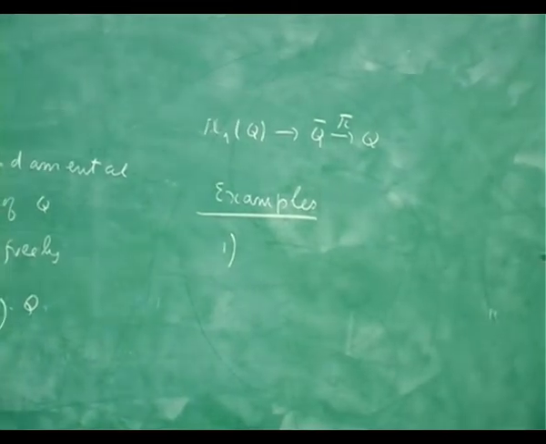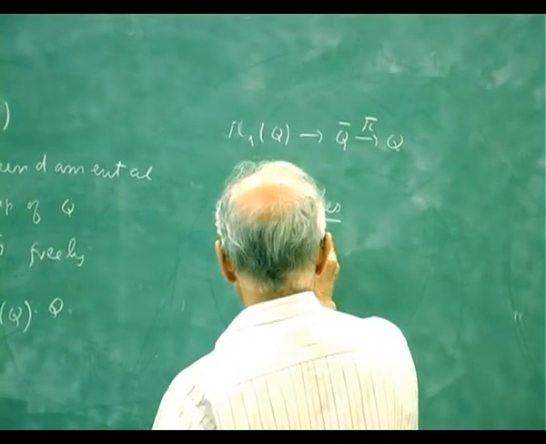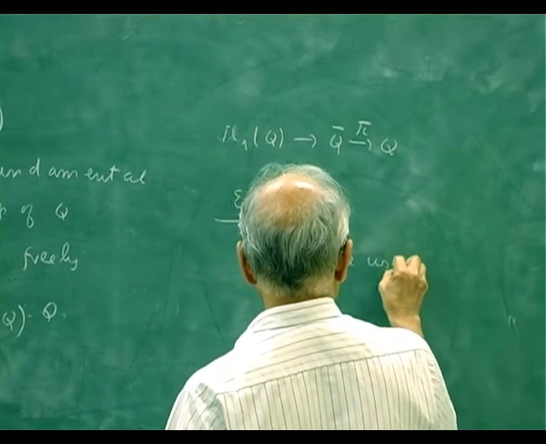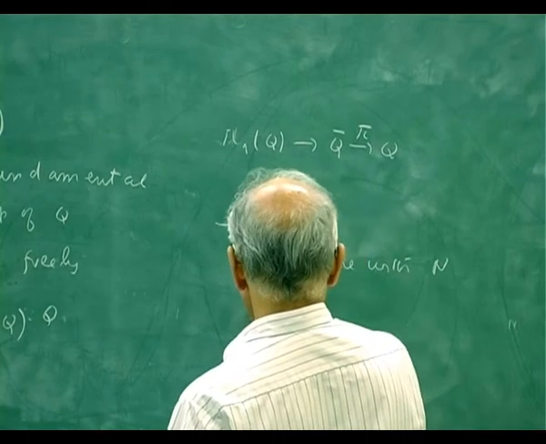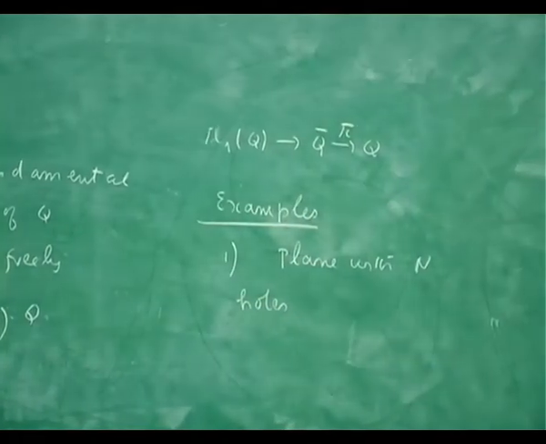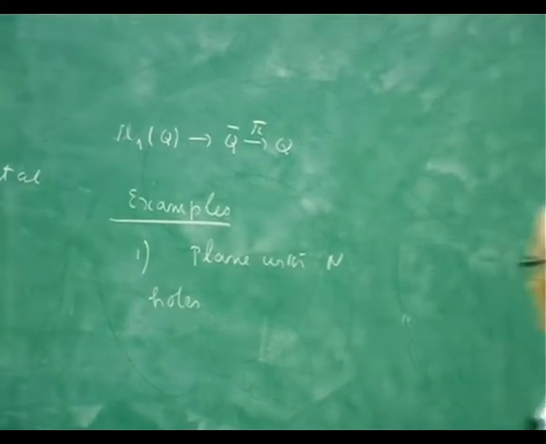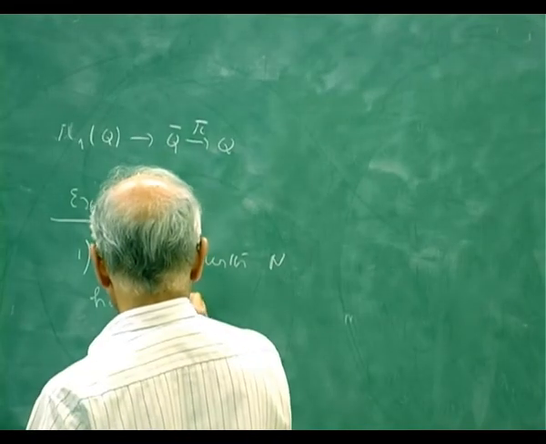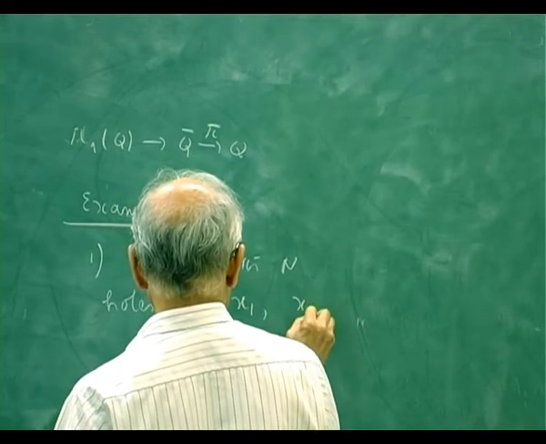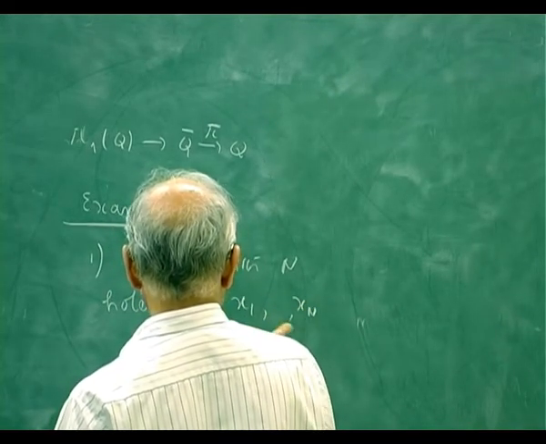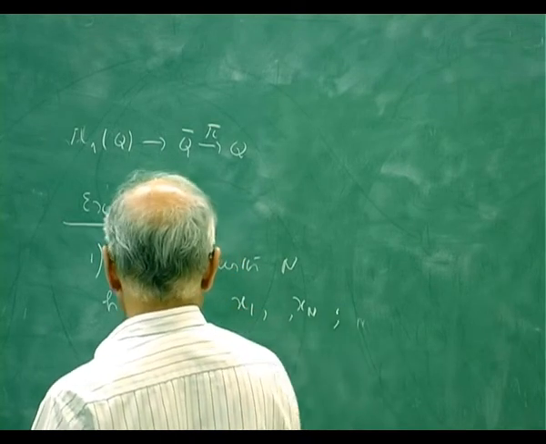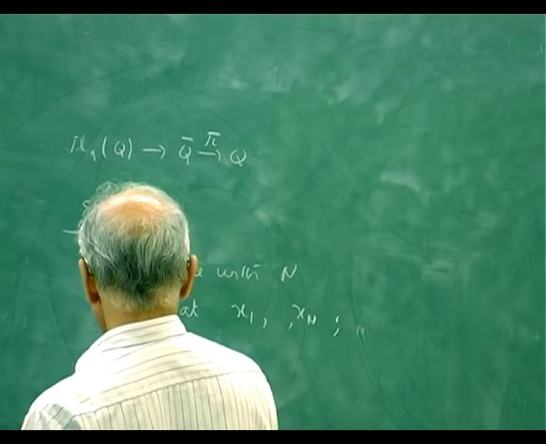The easy example is to just look at the plane with n holes, at x1 up to x7. And these holes are positioned here, whereas no two holes coincide.